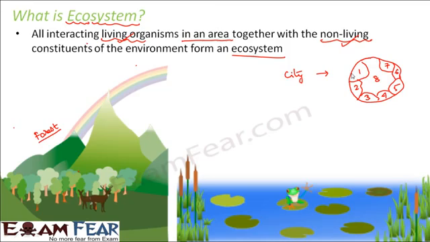Pond is an example of an ecosystem, forest is an example, and ocean is an example. There are several ecosystems which exist on Earth, and inside each ecosystem, the living organisms and the non-living organisms constantly interact with each other. So this is a brief introduction to what is ecosystem.